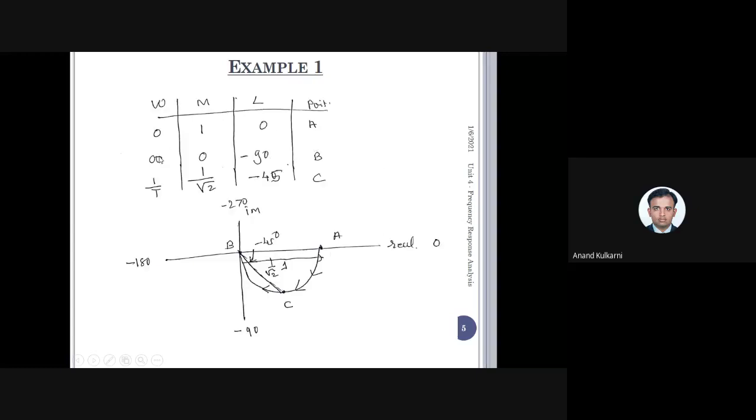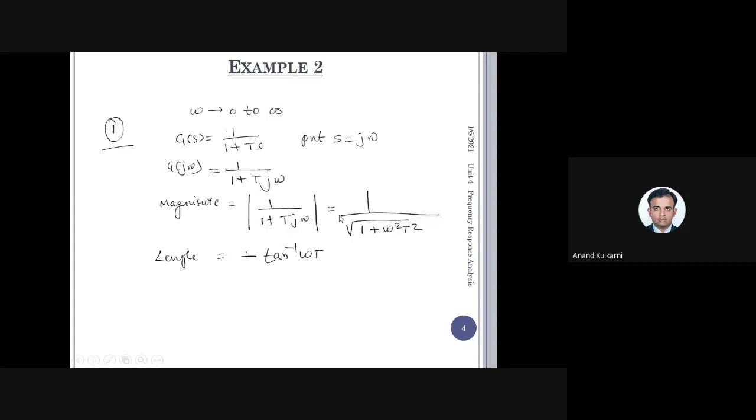Then the second value I will put. The second value is the end value of omega, which is infinity. So put omega equal to infinity in the magnitude equation. Omega square, infinity square is also infinity, multiplied by anything is infinity, added by anything is infinity, and root of infinity is infinity only.